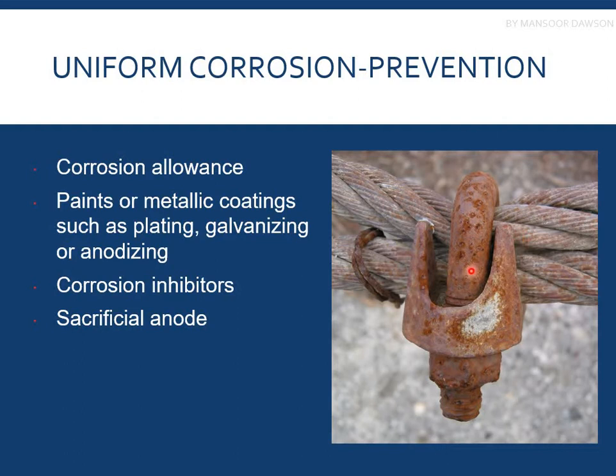For example, you can coat zinc, or add magnesium, or add aluminum to your mild steel or iron alloy, so that the zinc or the magnesium or the aluminum would react first and protect your main part which is in service. So the sacrificial anode would itself corrode in order to protect the main part.